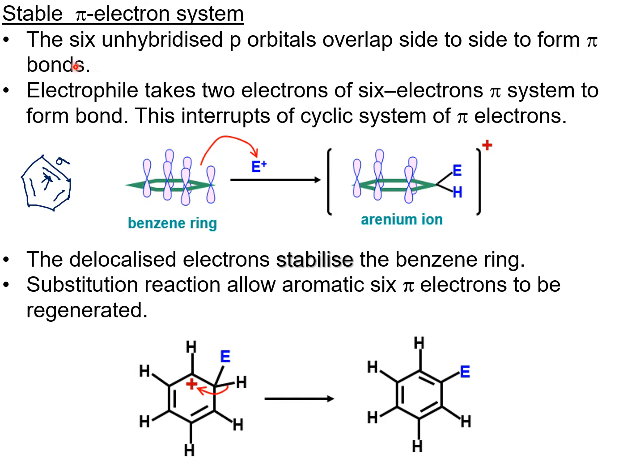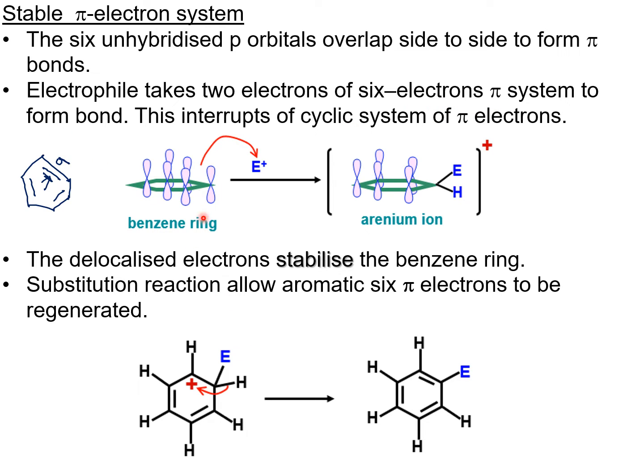So we have 6 unhybridized p orbitals that overlap side to side to form pi bonds in your benzene ring. Okay, and since the benzene ring can do electrophilic aromatic substitution, it will react with an electrophile reagent. So what happens is, the electrophile will take 2 electrons of the 6 electrons pi system to form a bond.